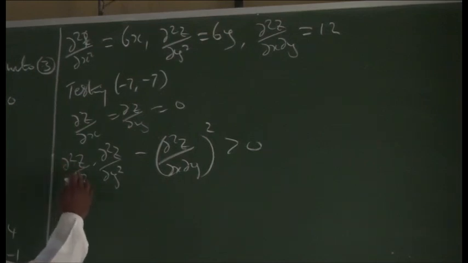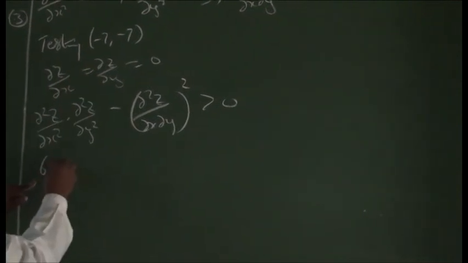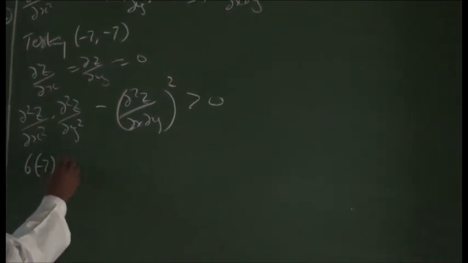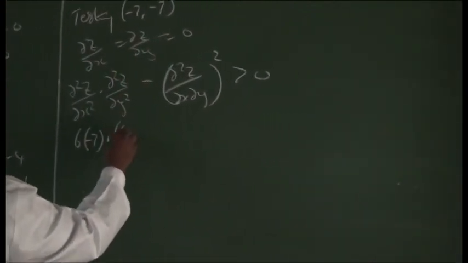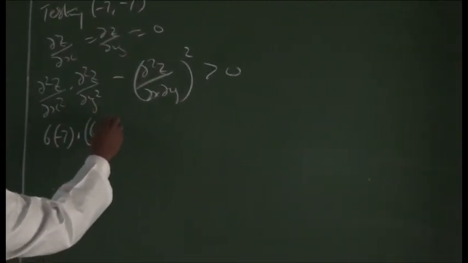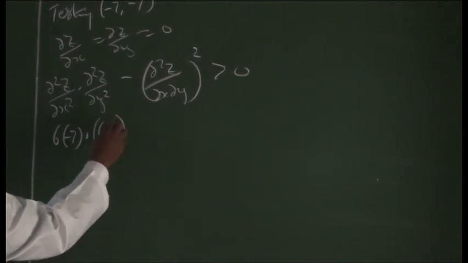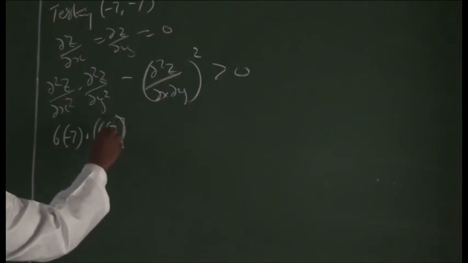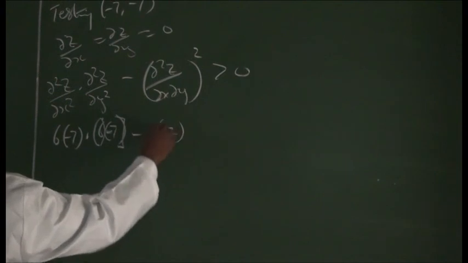This one, we have seen that it is 6x, and x here is minus 7, times another one, 6y. So that will give us 6 times minus 7, 6 times minus 7, minus 12 squared. Okay, so we want to see whether it's greater than 0.